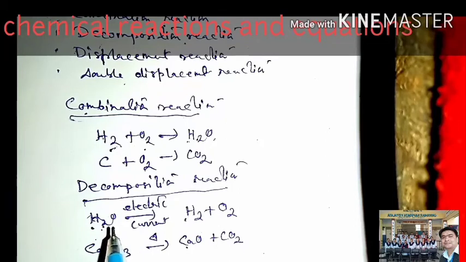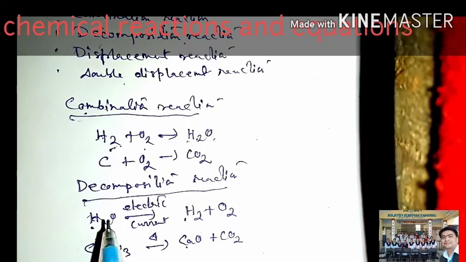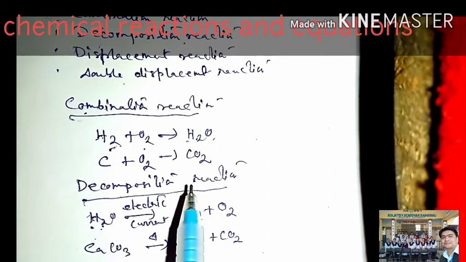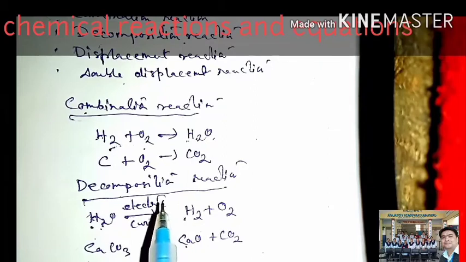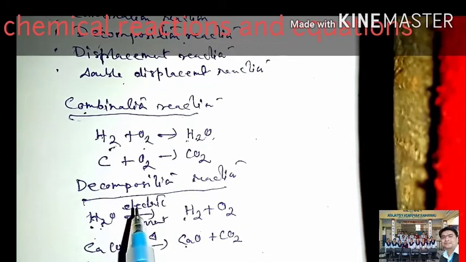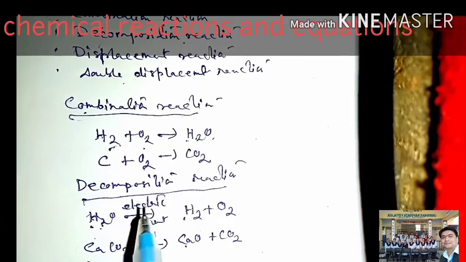In combination, more than one reactant. In decomposition, only a single reactant. In combination, a single product is forming, and in decomposition, more than one product is forming. So if anybody ever asks you the difference between combination and decomposition, you can easily answer these questions.